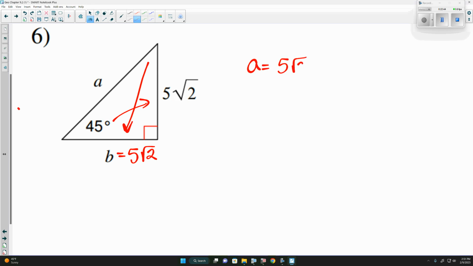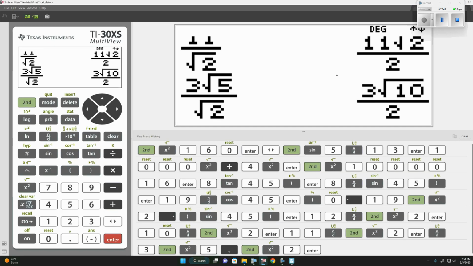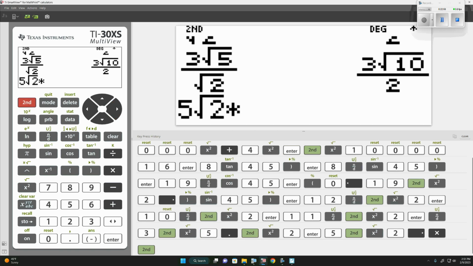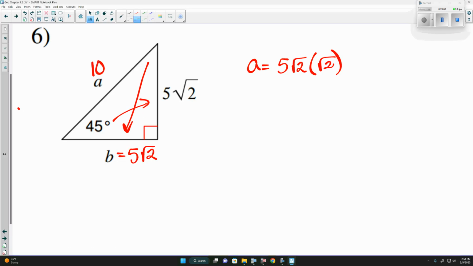So 5 square root of 2 times square root of 2. If we're given the legs, they're going to be the same, and the hypotenuse is multiplied by the square root of 2.